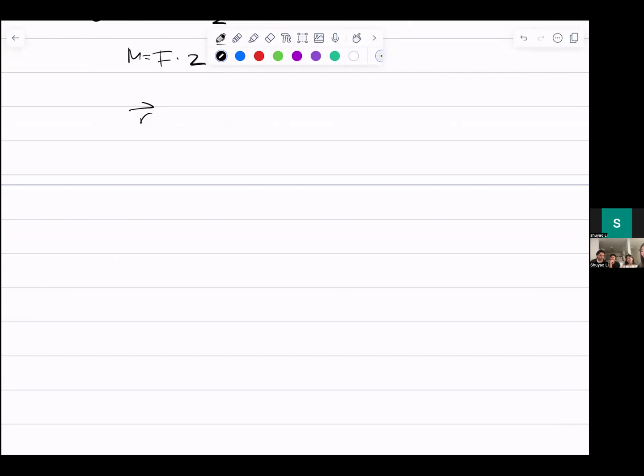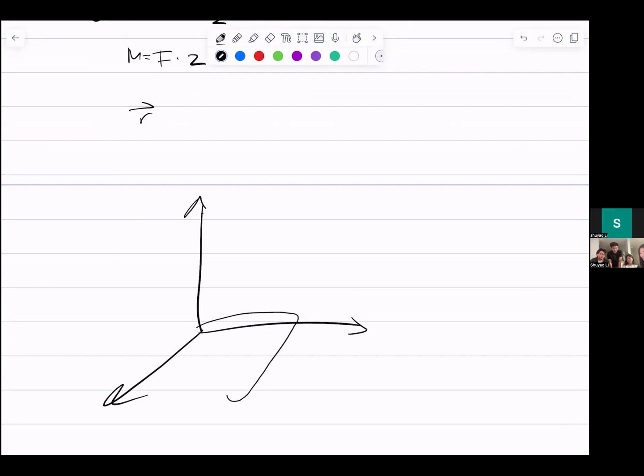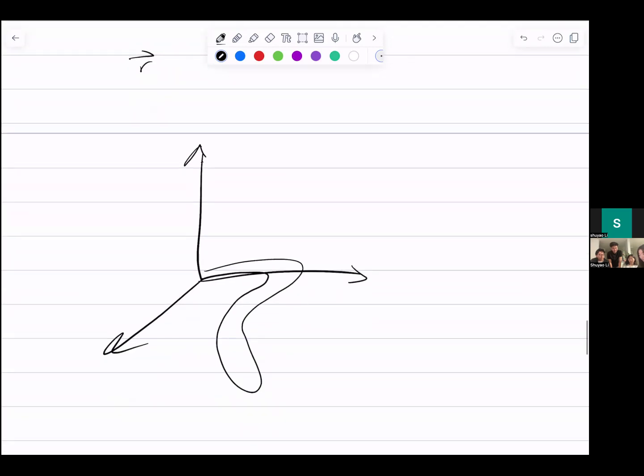Let's say we have, trying to get an example here. This is our coordinate system. Okay, that looks really bad. Let me redraw. So this is a bar, let's say, and then we have a force pulling.